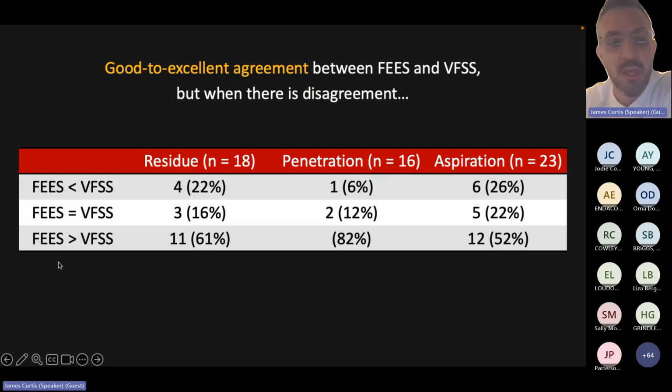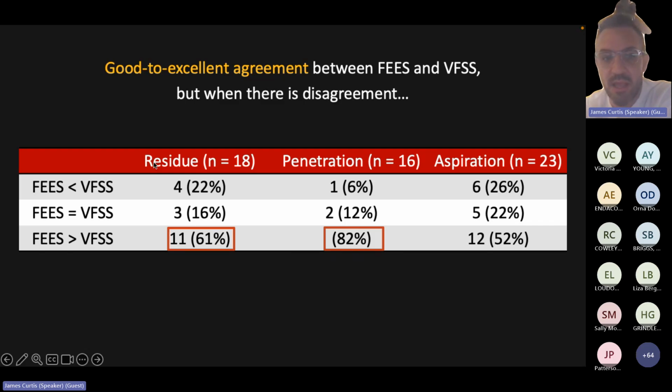In this bottom row, FEES was identifying events more frequently than videofluoroscopic swallow studies or modified barium swallow studies. When looking at residue, we see that 61% of the studies found that FEES identified residue more frequently than fluoro, with less prominent findings when comparing the opposite or looking at them being equivalent.